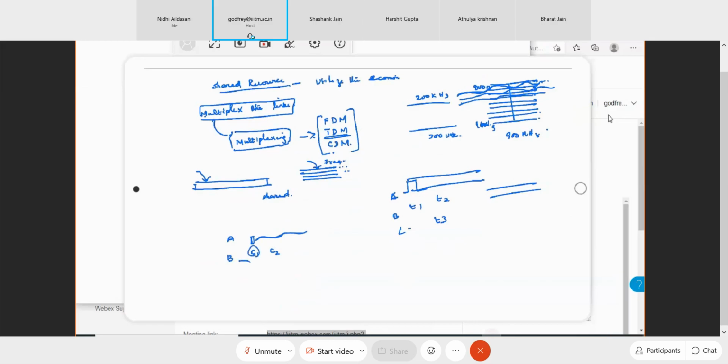When B sends the data, it is modulated by, say, code C2. The transmission happens on the same link, right? After some time, when the receiver receives this data, it uses these codes to once more find out the original data that has been transferred.